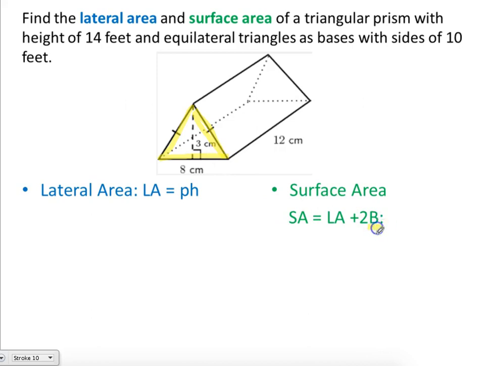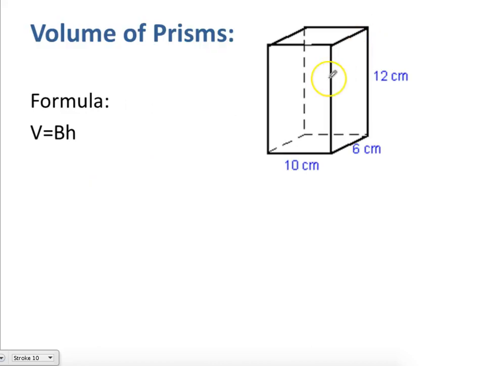So remember that finding the area of the base is dependent upon what kind of shape your base is. And then the lateral area, I recommend you use this formula, but again, there are only 3 faces, so if you use the other method, make sure that you're finding the area of every single lateral face. But I do want to move on and look at volume before we get to the key phrase assignment.